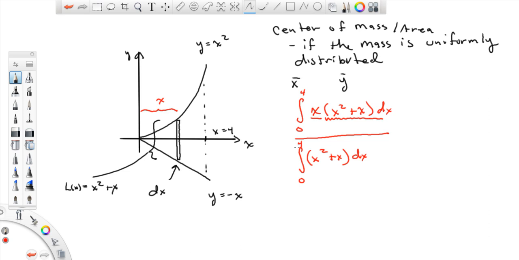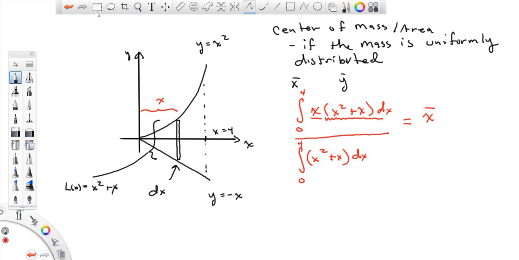By the time we take the top integral and divide by the bottom integral, we're going to get x bar. I haven't worked out what that is, and the techniques for integration are not important for this video. This video was about how to set up the integrals for calculating these. So I'm going to leave that as an exercise to the reader.